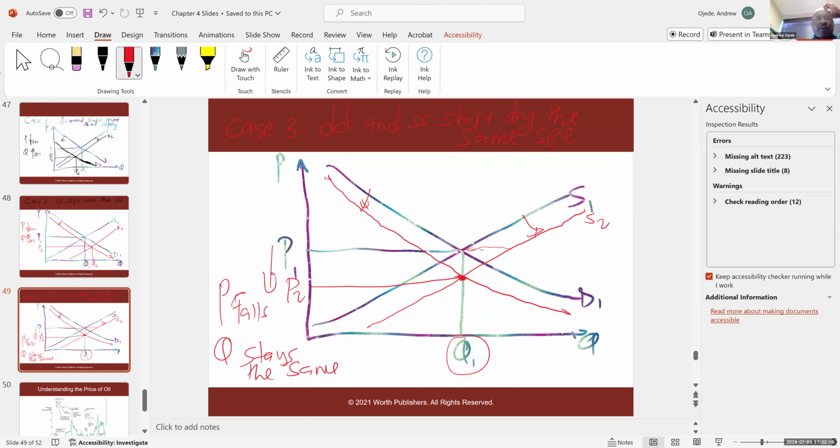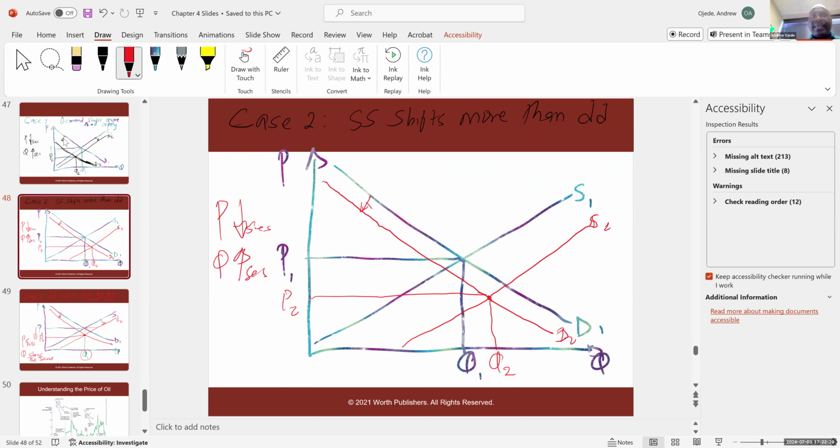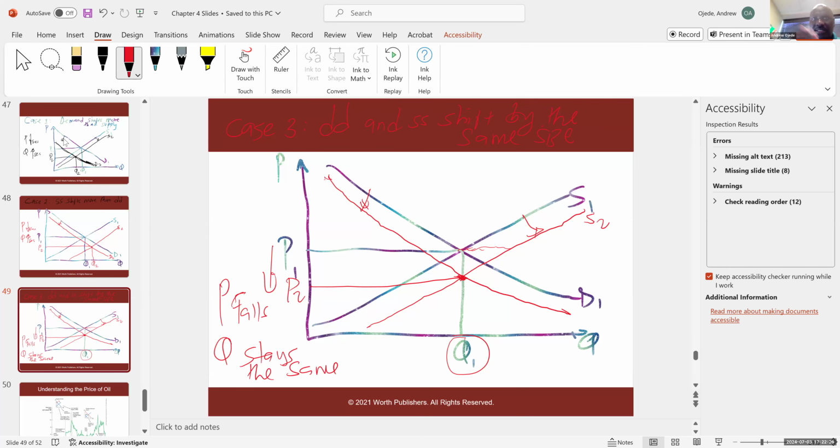Okay, now we go back and look at all the three cases. When we assume that demand shifts more than supply, supply shifts more than demand, and when they shift by the same magnitude. In the first case, you see price falls and quantity increases. Second case, price falls, quantity increases. Third case, price falls, quantity stays the same.